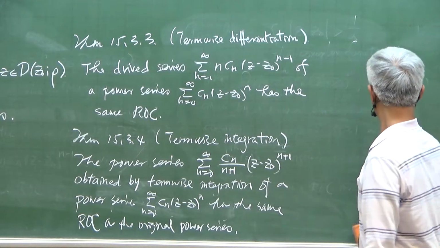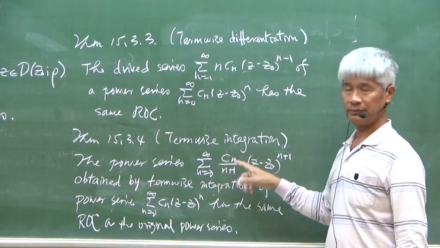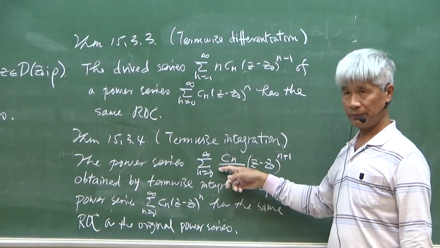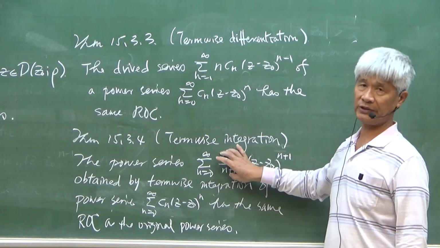So to prevent such kind of argument, my approach is to just compute the lim sup of the nth root of the absolute value of the coefficient.